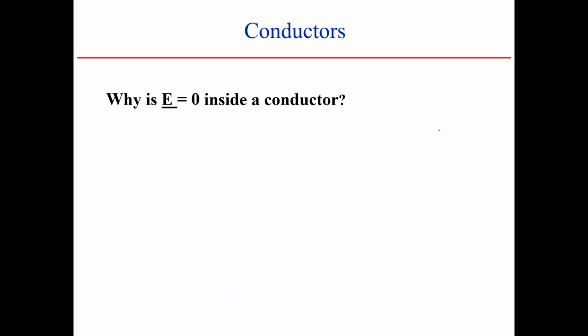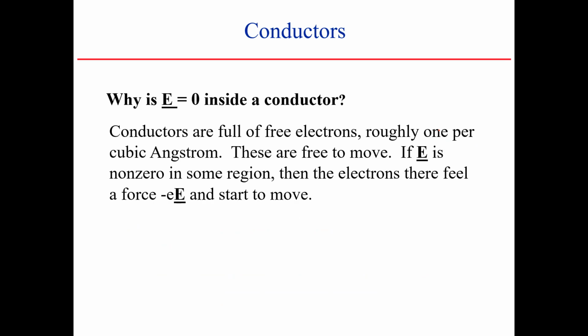Okay? Now, why is E equals 0 inside a conductor? Here is the explanation, class. Conductors are full of free electrons, roughly 1 per cubic angstrom. So, one electron per cubic angstrom. These are free to move.